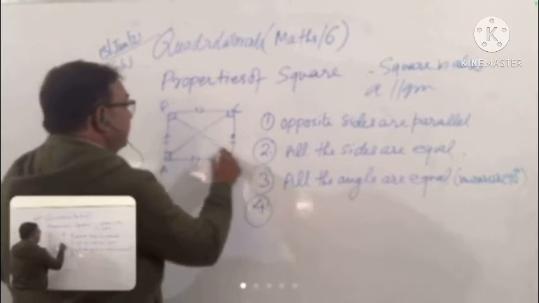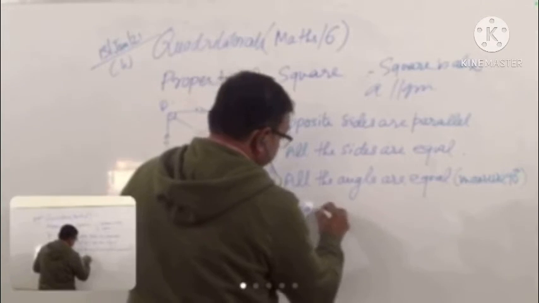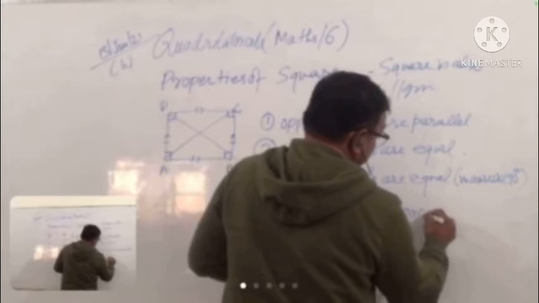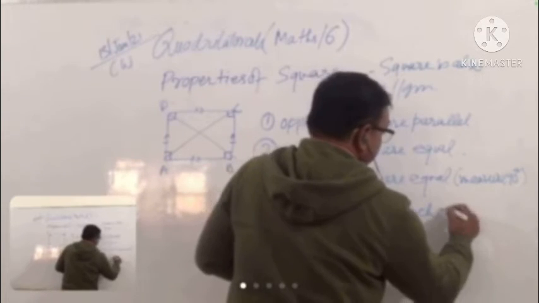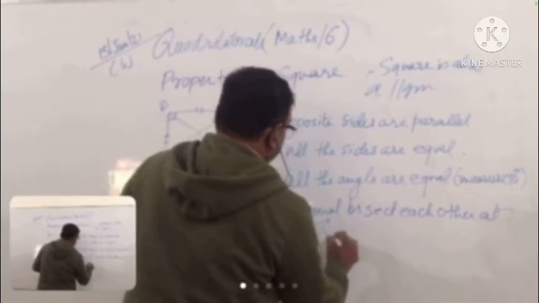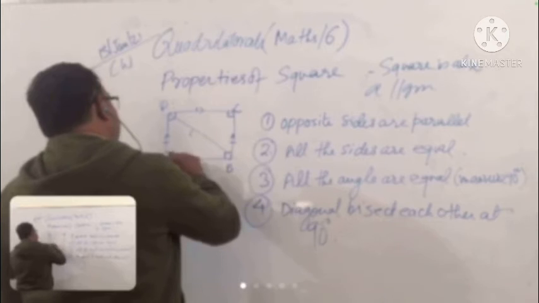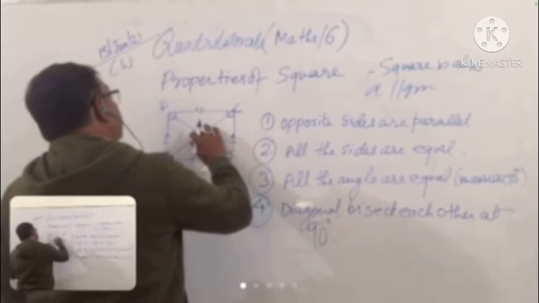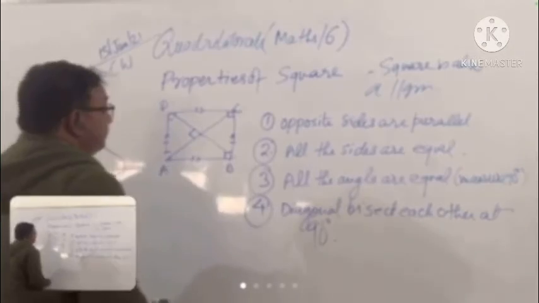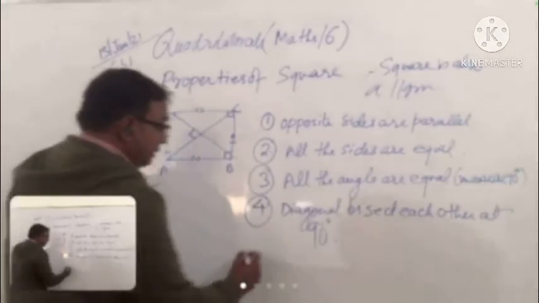In a square the diagonals are equal and bisect each other at 90 degrees, means OD is perpendicular to AC, OB is perpendicular to AC, AO is perpendicular to BD, and CO is perpendicular to BD also.